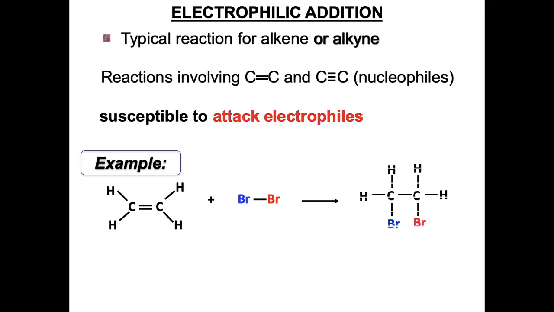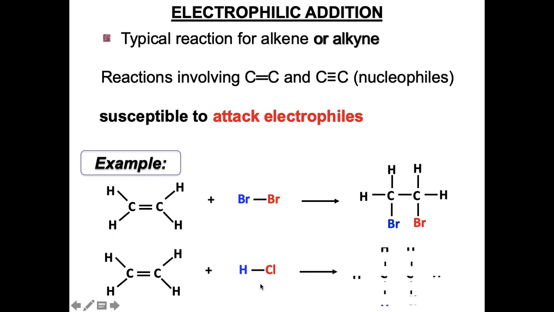This is the same example as I've shown you before. So now, look at the second reaction. We have an alkene react with HCl. Our nucleophile is alkene and electrophile is electron deficient. So our H is electrophile. So alkene will attack electrophile and the carbon will get hydrogen.